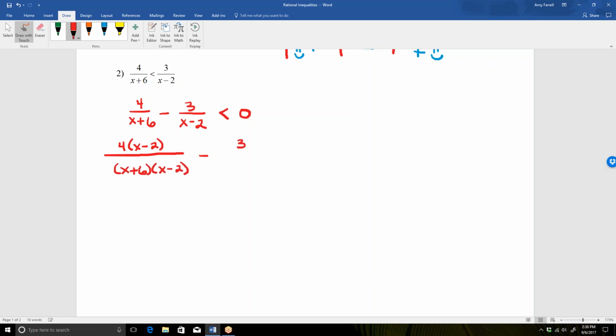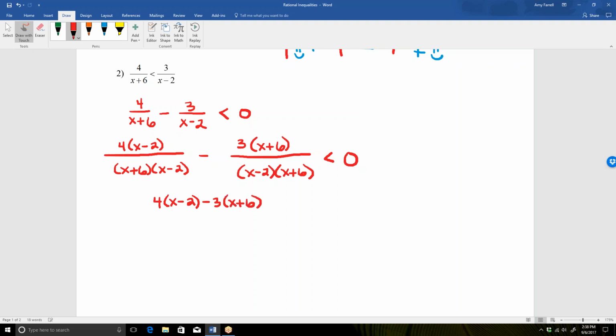And I'm going to multiply the second rational expression, both numerator and denominator, by x plus 6. Now I have a common denominator, and since I have a common denominator, I'm able to subtract numerators and retain that common denominator.